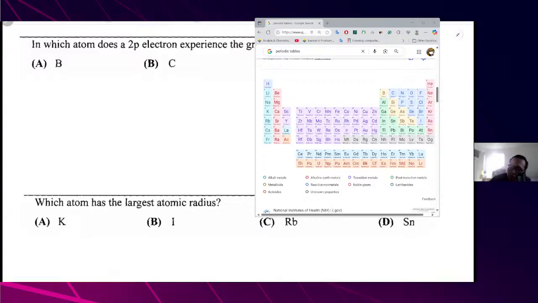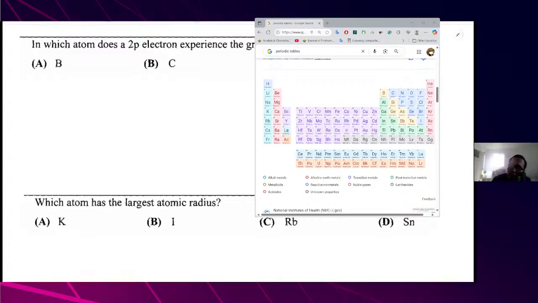Remember, we have the nucleus which contains the neutrons and protons, and then we have electrons that orbit around it.